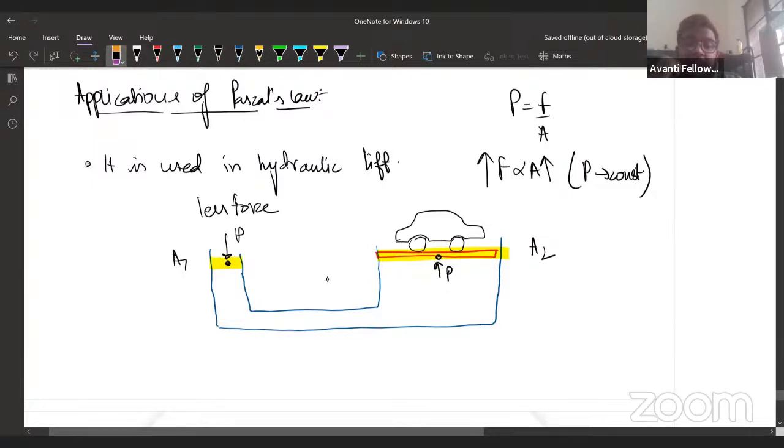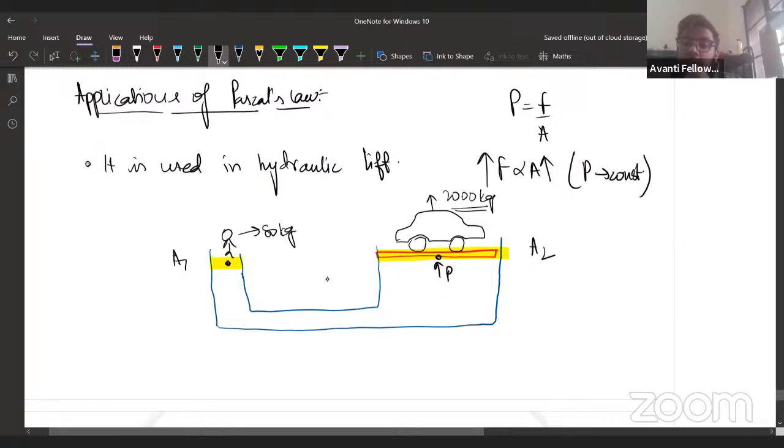For example, an 80 kg guy standing on that platform can lift around 2000 kg on this side.